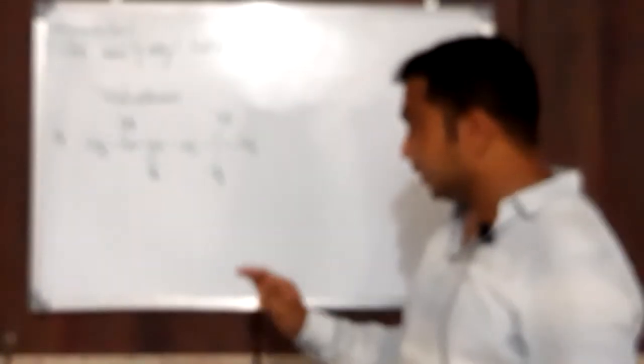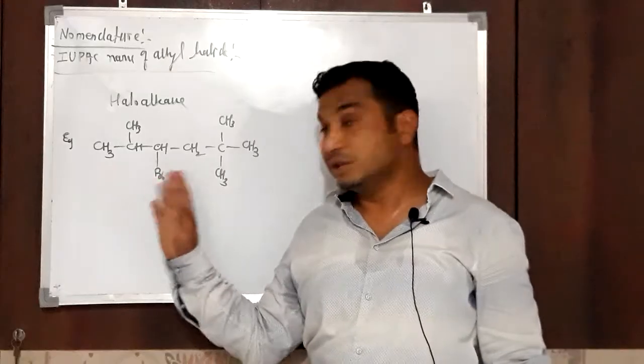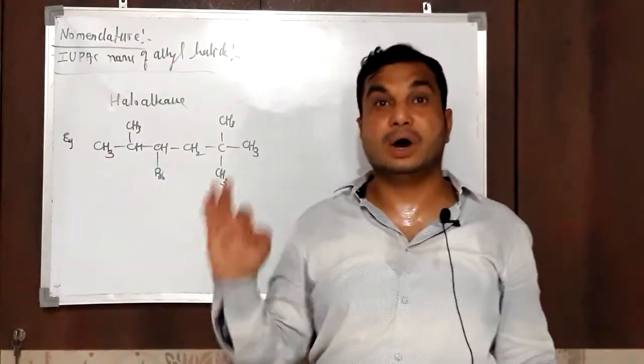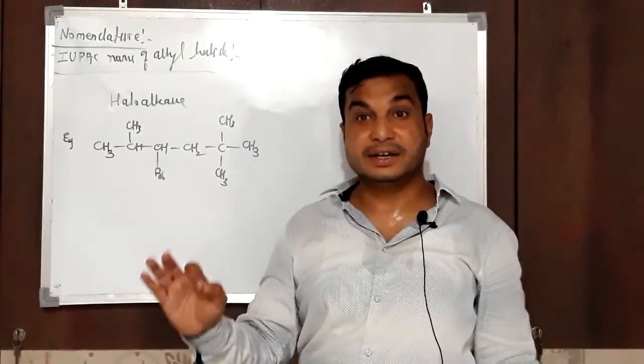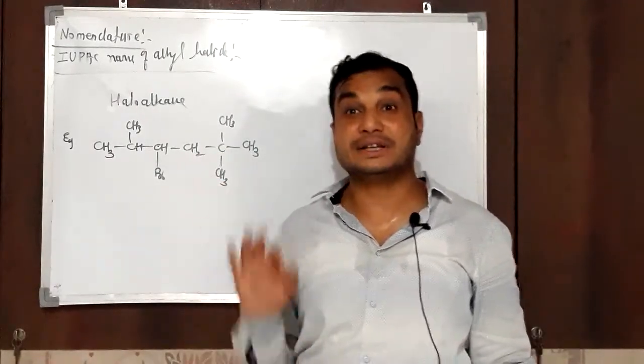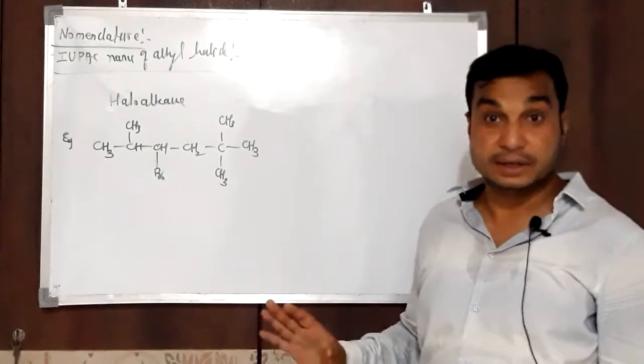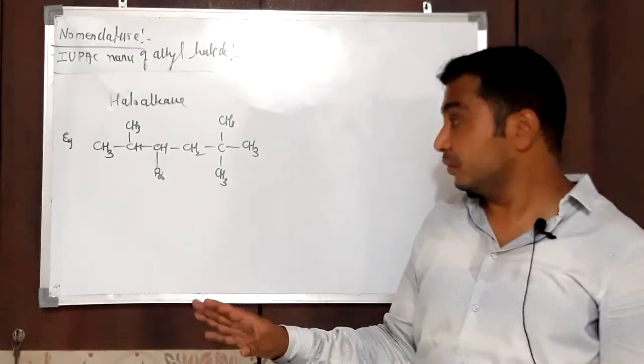How to start? The first thing, which is very common, is to select the longest chain. In this compound, we have to select the longest chain containing the halogen atom as well as the maximum number of substituents. That is the common rule everywhere.